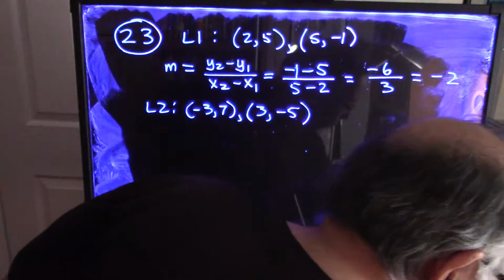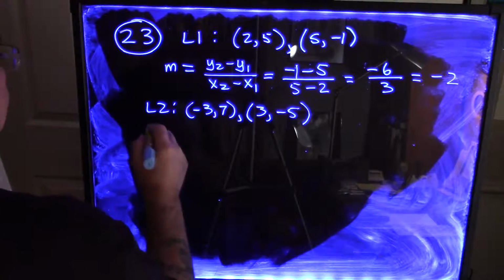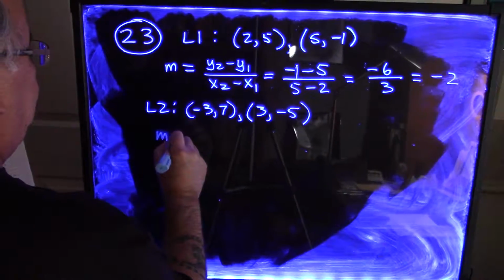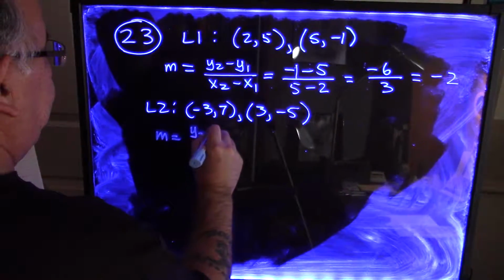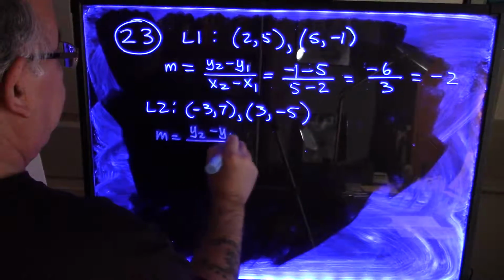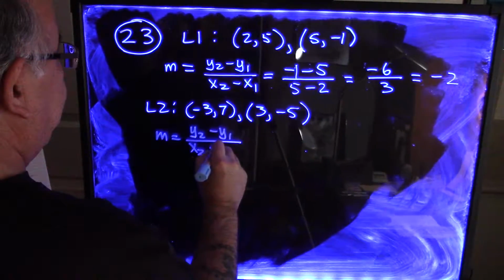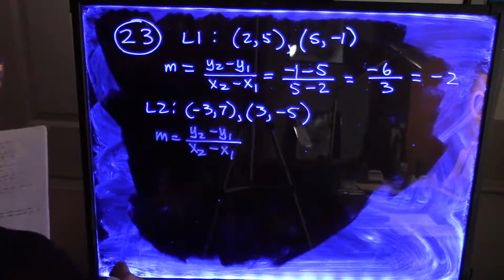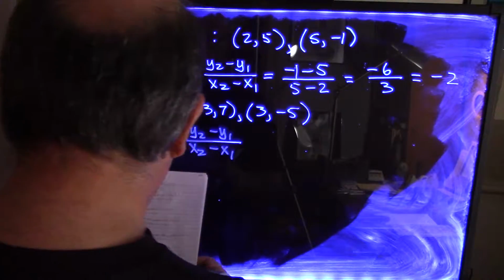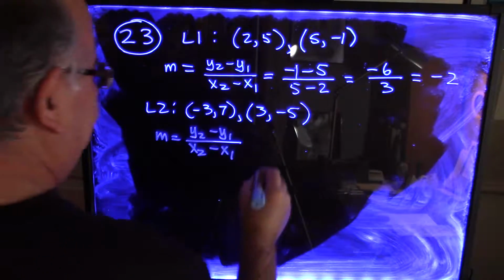Alright. So once again, slope m equals y2 minus y1 over x2 minus x1. Saying sub all the time, y sub 2, y sub 1. Kind of drives me crazy too.